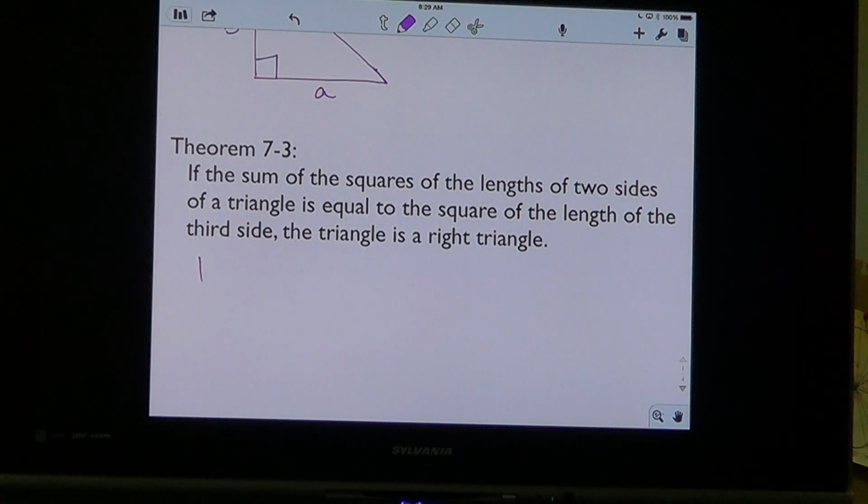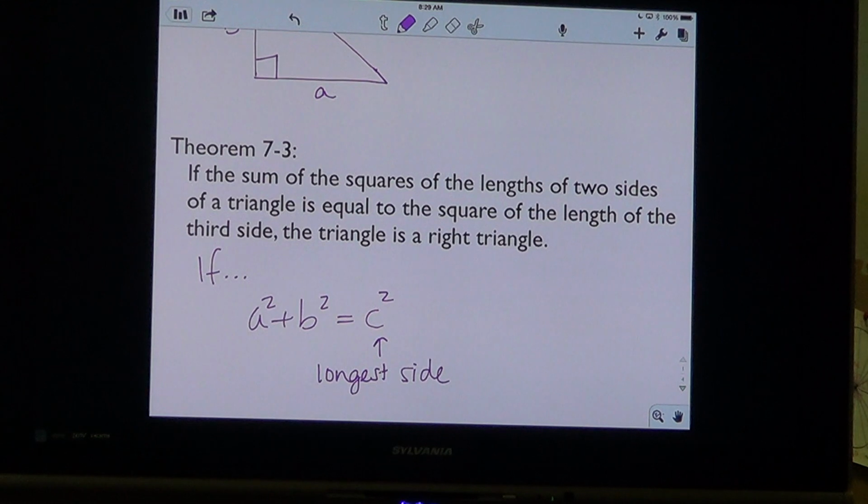So this is saying if a squared plus b squared equals c squared, where c is the longest side, then it's a right triangle.